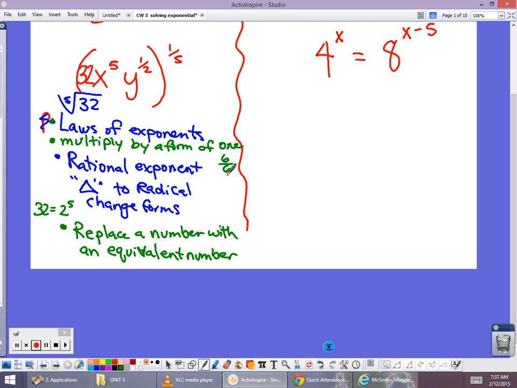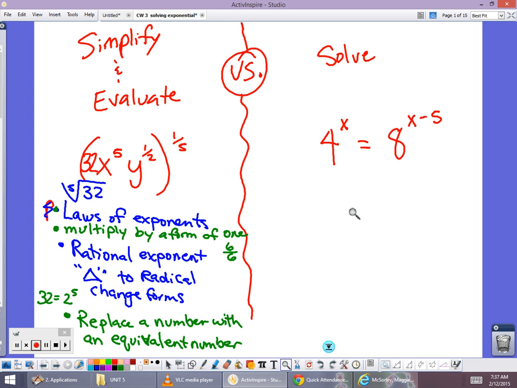Now, what changes or what's new? I think all of these apply for solving. You could do all of those same things, but what now is unique about solving that we couldn't do over there? What's the new thing? Okay, now we can get x on one side, right? So now we have this concept of sides, right? So I have this left side and the right side.